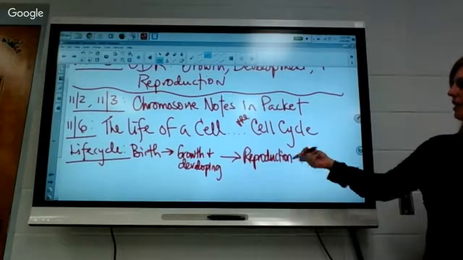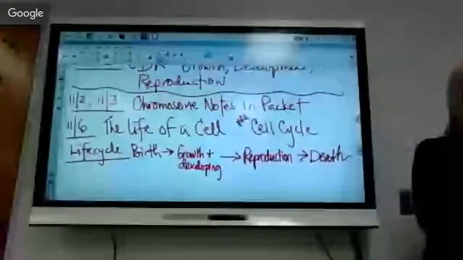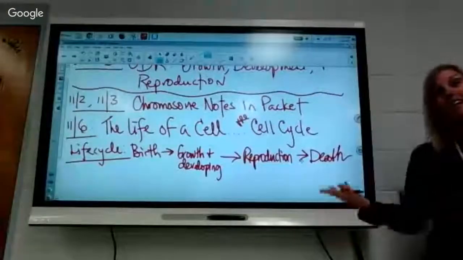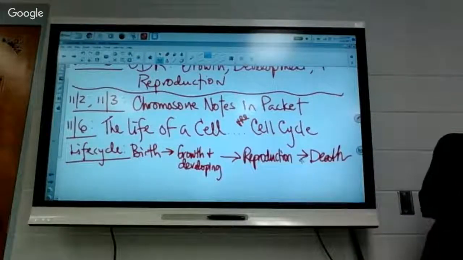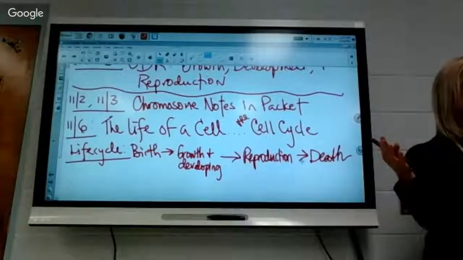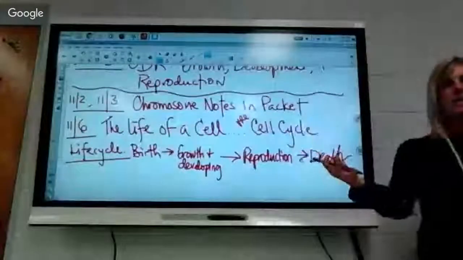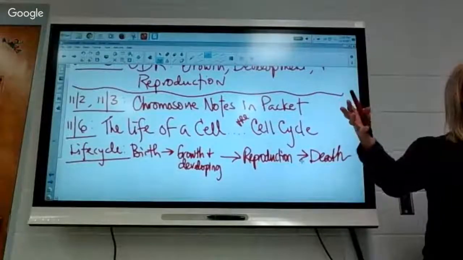And then at the end of this, there's death. You die. That's part of life, and that's the end of your life cycle. Now, your lifespan means how long it takes from birth to death. When you hear, what is the species average lifespan? It just means the average number of years for a person to live.